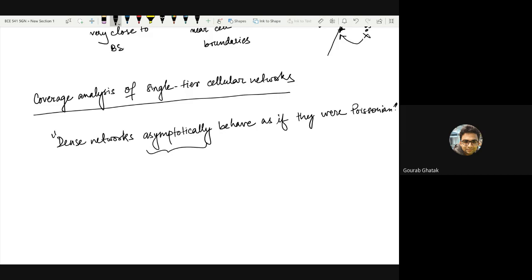So classically, when the cellular operators were deploying the macro base stations, a lot of things went behind deploying macro base stations, right? For starters, you have to identify a cell site. You have to take a loan on this or take a lease of this area of the land. You have to put on a tower, right?